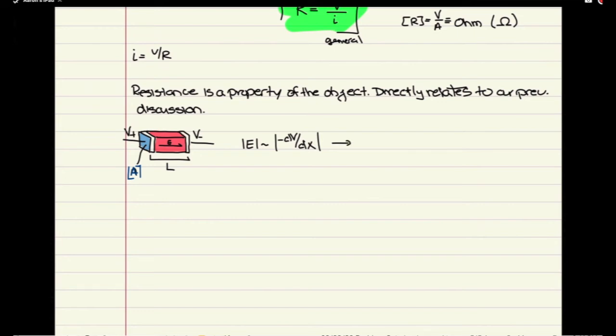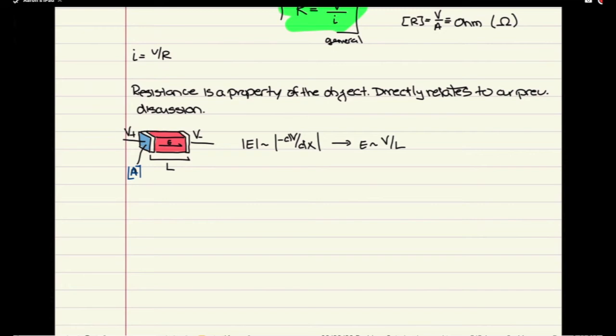So for the electric field, since I'm just trying to do simple approximations, I will estimate that derivative as the potential difference divided by the length of the object. And that's actually fairly reasonable for these sorts of things. There's some delta V, or just using the notation of your book, V, potential difference, over some length. That gives you an estimate of the strength of the electric field.